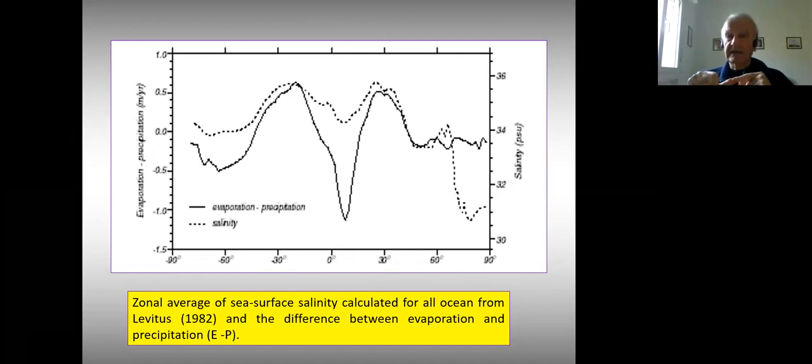So how do we add fresh water to the ocean? We add it by rivers, river runoff, and by rainfall. We subtract fresh water from the ocean by evaporation. So by adding fresh water, obviously the salinity decreases.